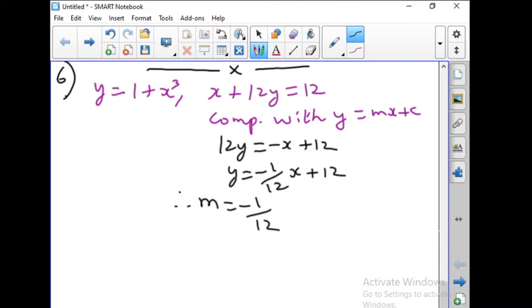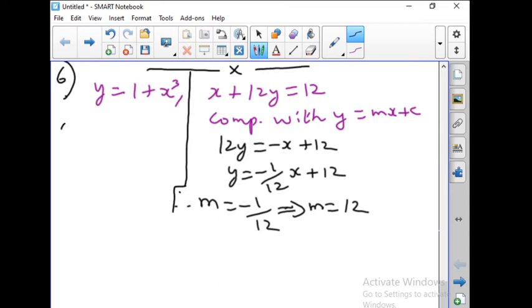Okay. So what is m for the tangent from this? So m is equal to 12. So now y is equal to 1 plus x cube is the curve. So what we will do? Differentiate this.